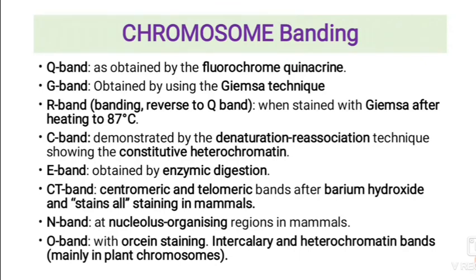Next one is E band, obtained by enzymatic digestion. Next one is CT band, showing centromeric and telomeric bands after barium hydroxide treatment and staining, in mammals. Next one is N band, at the nucleolus organizer regions in mammals. O band, with fluorescent staining, shows intercalary and heterochromatin bands in plant chromosomes.